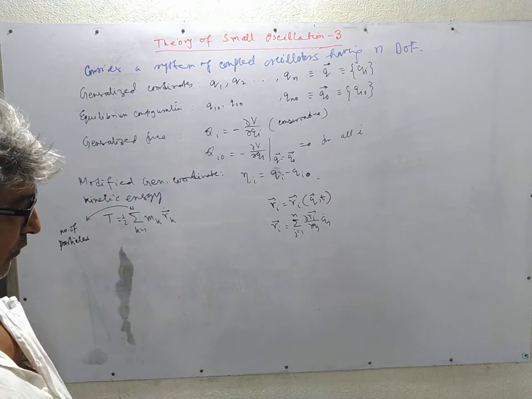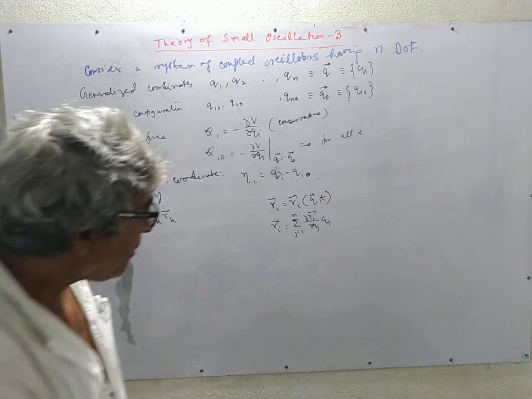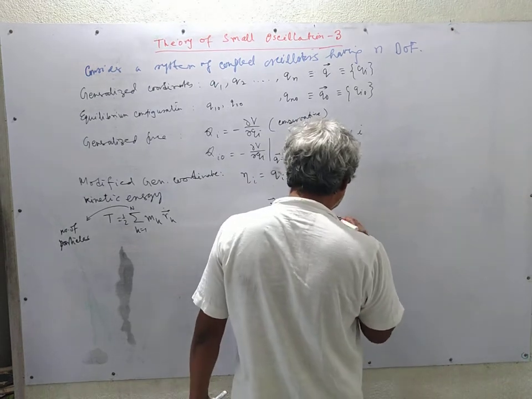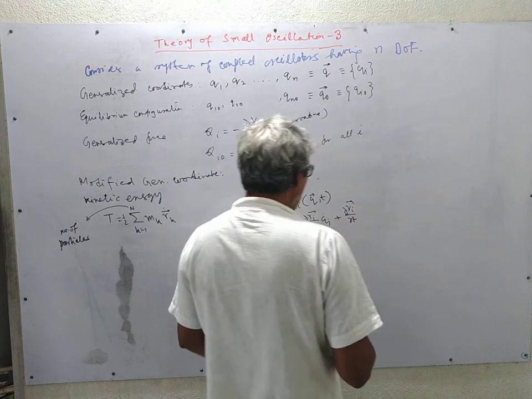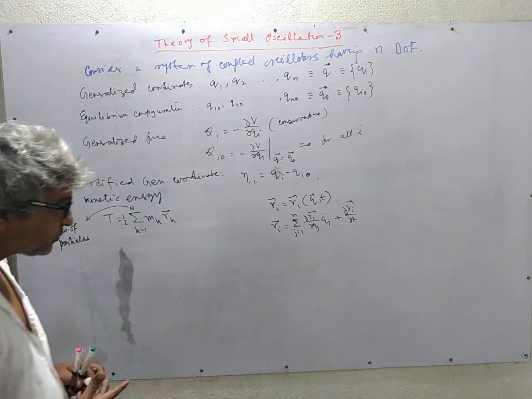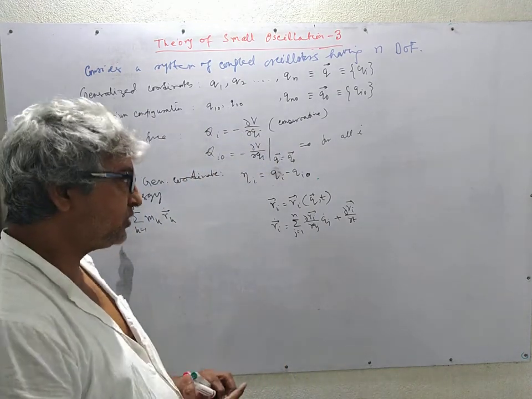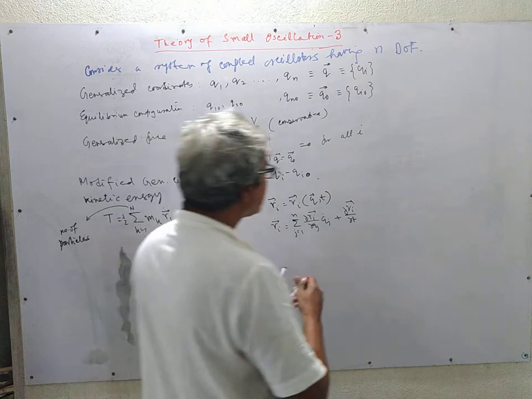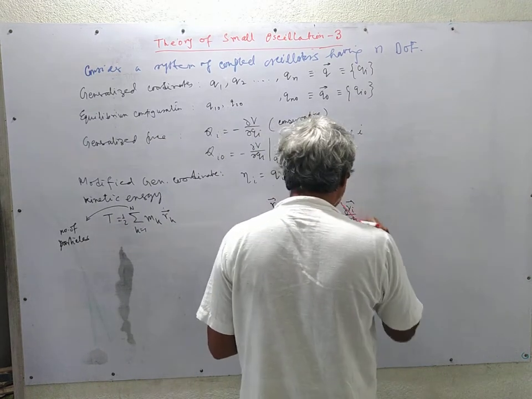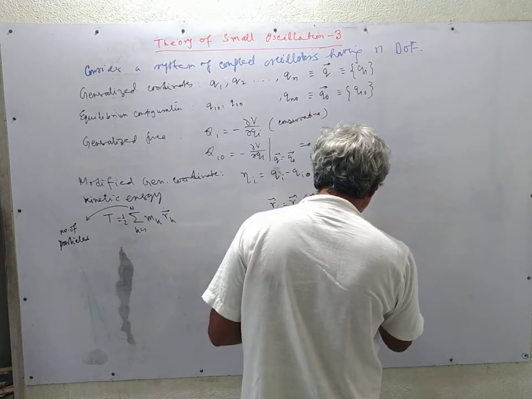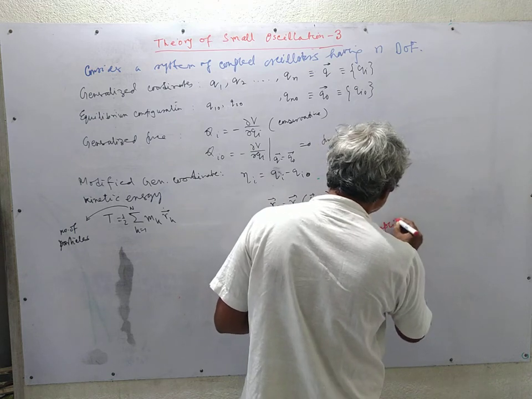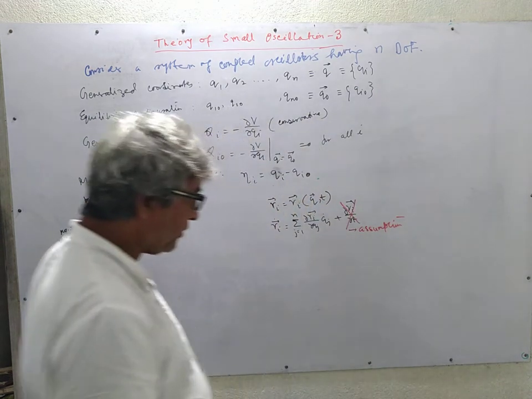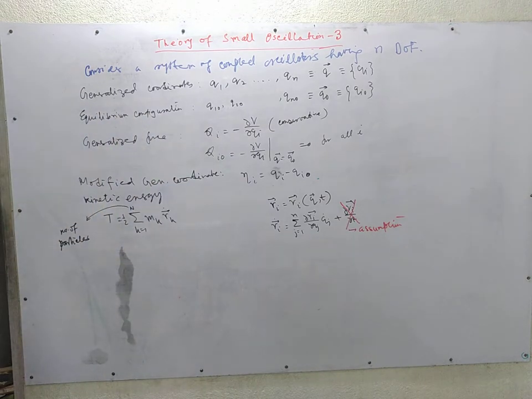Small n is the number of degrees of freedom, plus a term that is del ri del t. We assume that the transformation relation is such that this term is not there. This is our assumption, which is found to be valid for most of the systems under consideration.